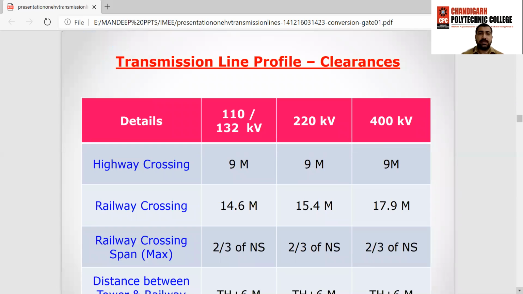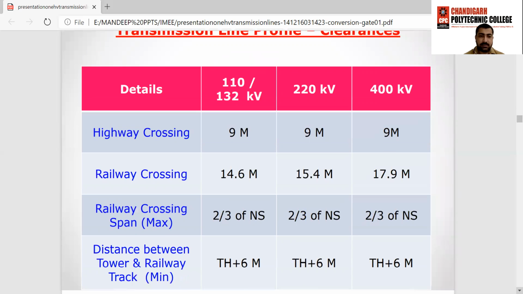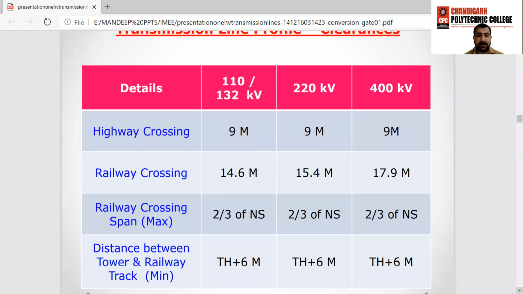And these are some clearances from the highway crossings, railway crossing span or distance between tower and railway track for different lines according to the chart. For 110 kV or 132 kV, if you want to erect, then the highway crossing minimum clearance required is 9 meter.